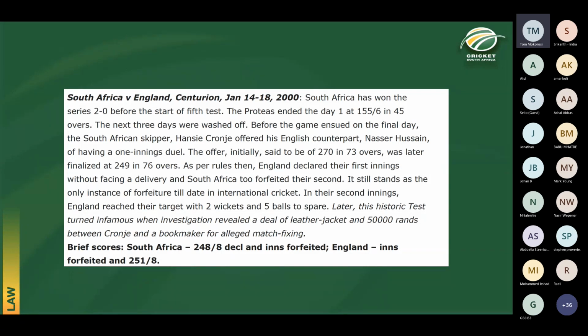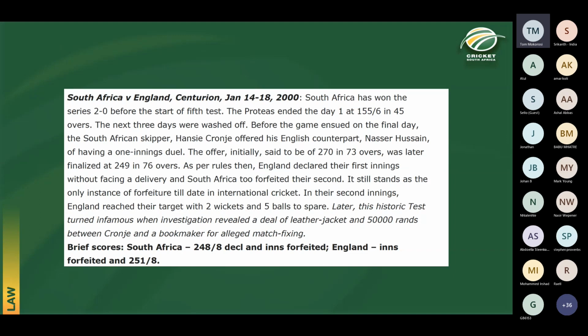So what happened was South Africa against England. South Africa had already won the series 2-0 before the start of the fifth test. South Africa ended day one at 155 for 6 after 45 overs, and the next 3 days were rained out.